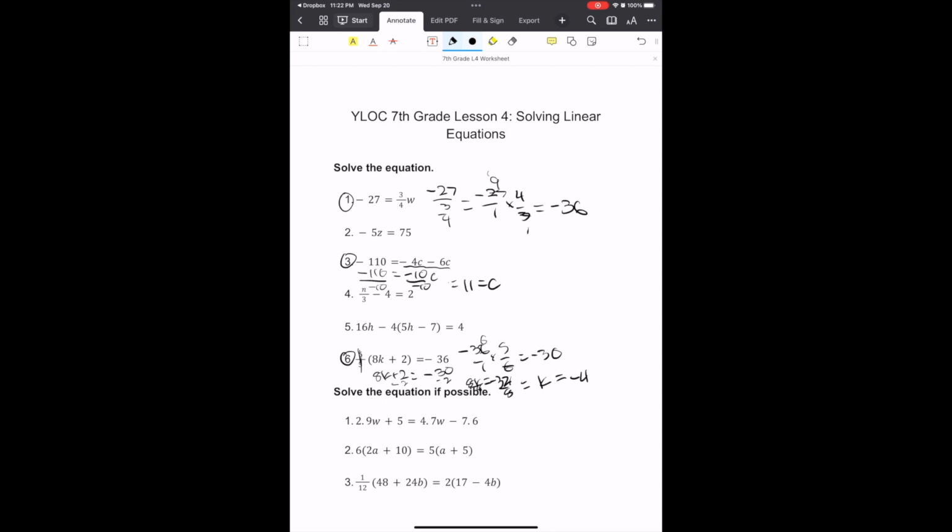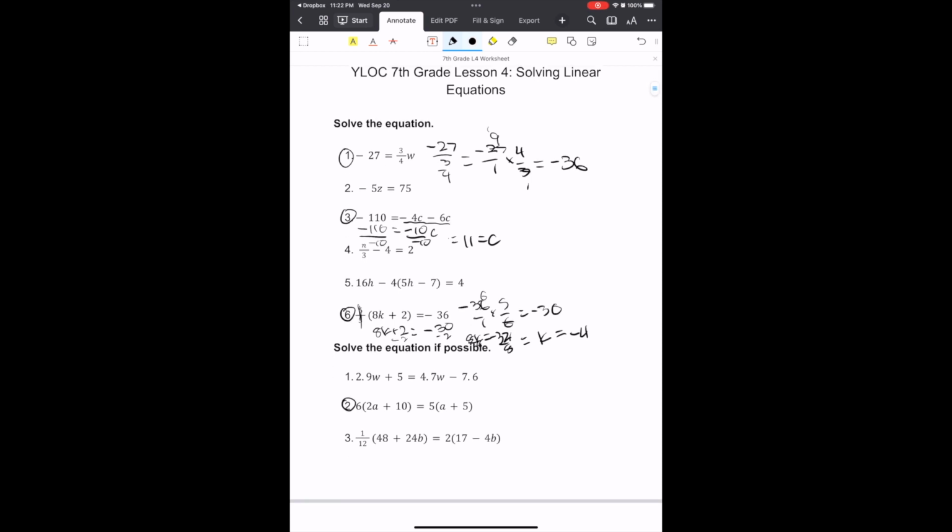So let's move on to number 2. First, solve the equation if possible. So for number 2, what you're going to want to do is combine like terms if possible. So the way you do this is 6 times 2a plus 10 is equal to 5 times a plus 5.